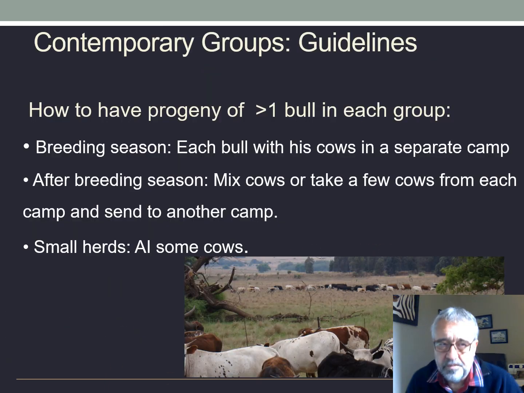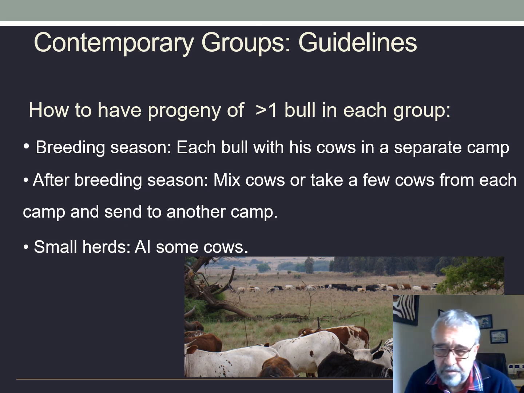Okay, so just some other contemporary group guidelines. The one is try to always have the progeny of more than one bull in each of these groups. We have said if you have a breeding season, you can have each bull with his cows in a separate camp, but after the breeding season, mix the cows, or take a few cows from each of these groups and mix them, send them to another camp, so that when you do the weighings at weaning, you have progeny of different bulls in the same group.